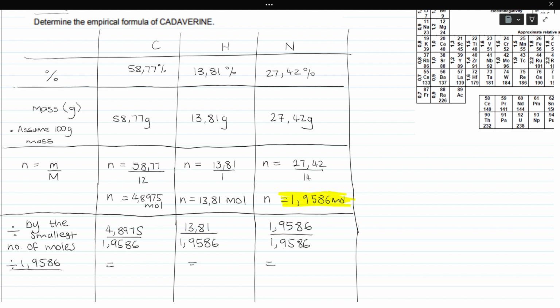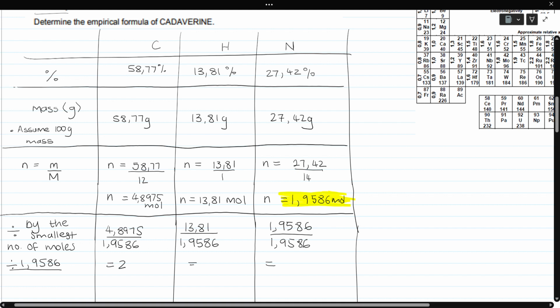I'm just going to do it as well. Okay, so for the first one, you should be getting 2.5 moles. The second one, you should get 7.06 moles. And the last one should be 1 mole.